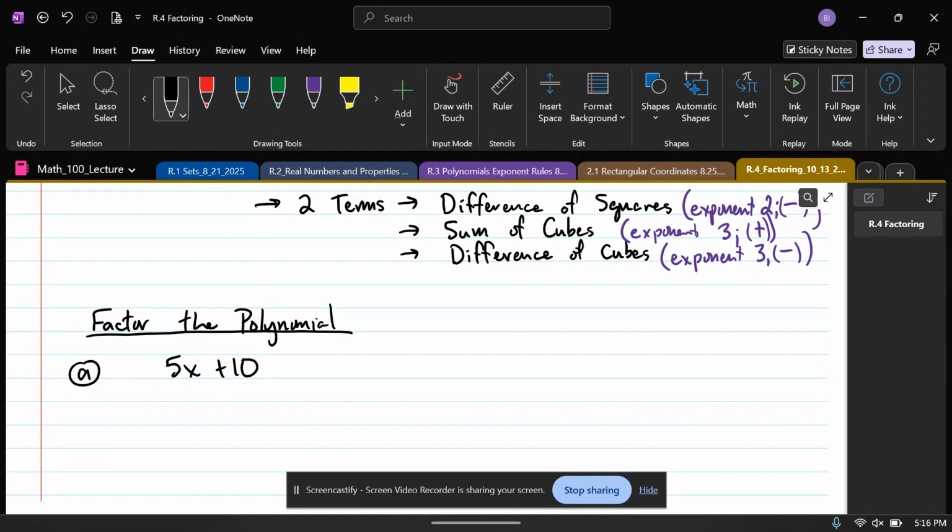I'm good to go. The next thing I look for in my rules of factoring is a greatest common factor. So I look for something that goes into 5x that also goes into 10. 5 goes into both of those, so I factor out a 5. Well, what times 5 gives me 5x? That's where that x comes back. And then 2 for the 10.